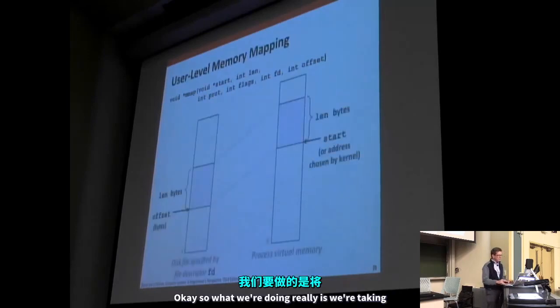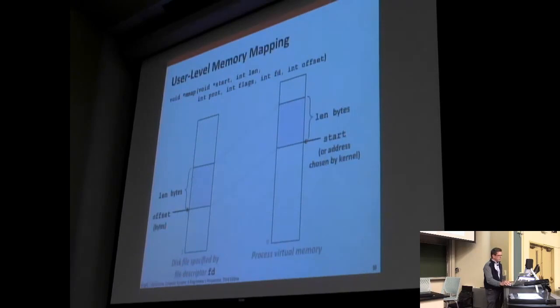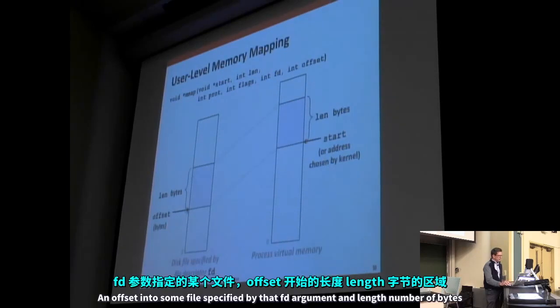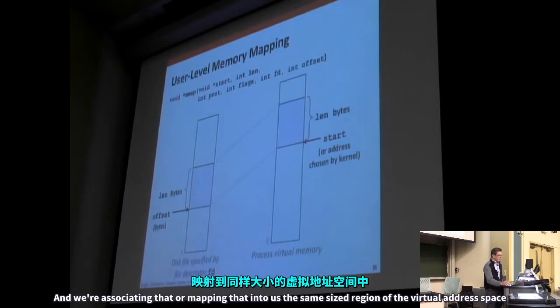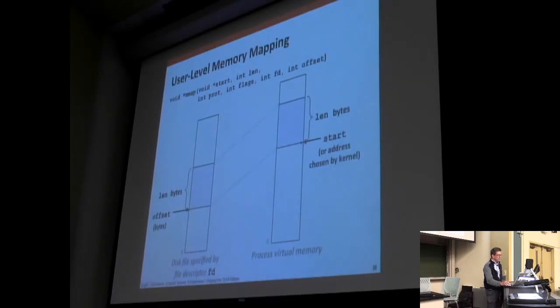Okay, so what we're doing really is we're taking an offset into some file specified by that FD argument and length number of bytes, and we're associating that, or mapping that, into the same sized region of the virtual address space.